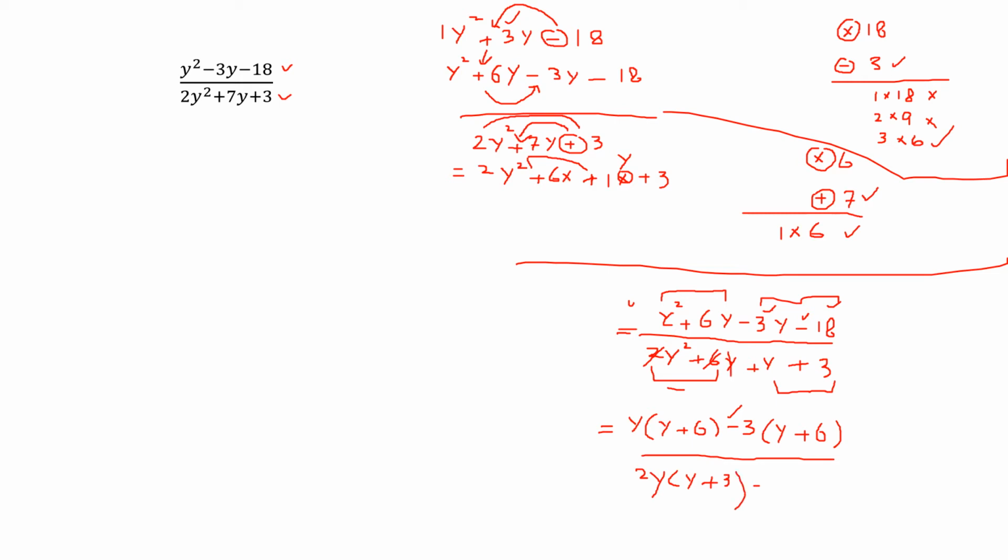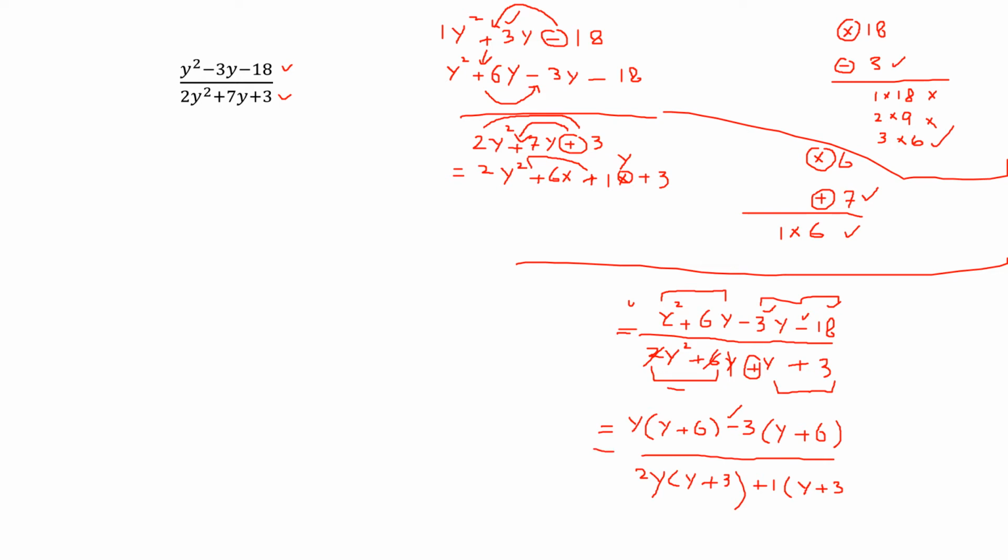Then in the second place, the sign is plus, so the first sign is always written here, so it is plus. And now you see nothing common between these two terms, so you just make one common. 1 means no change, so 1y plus 3.